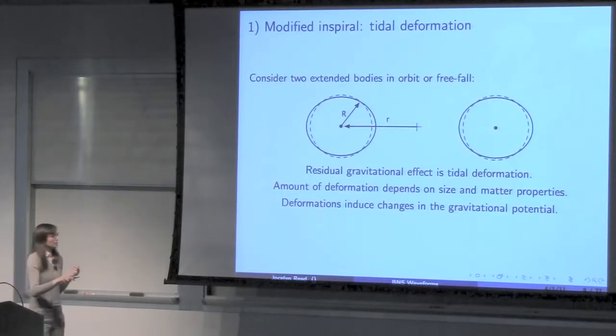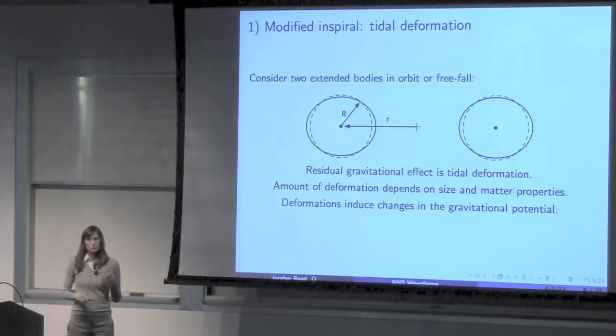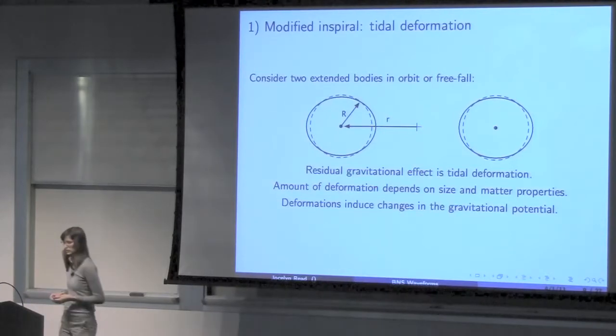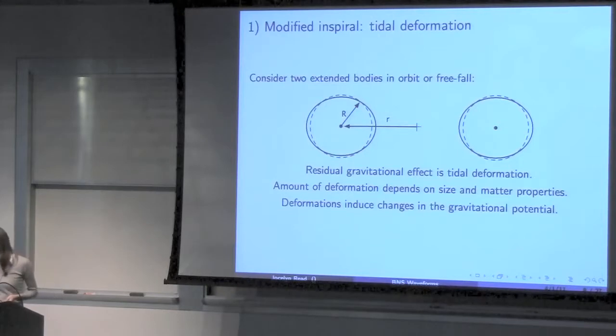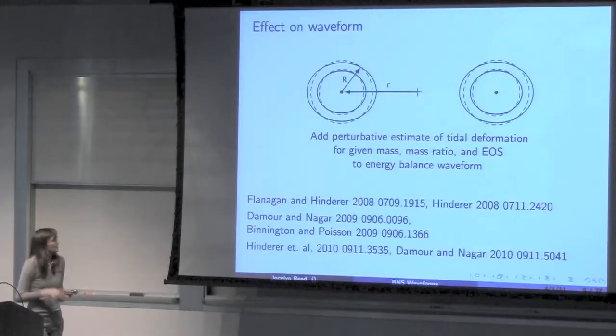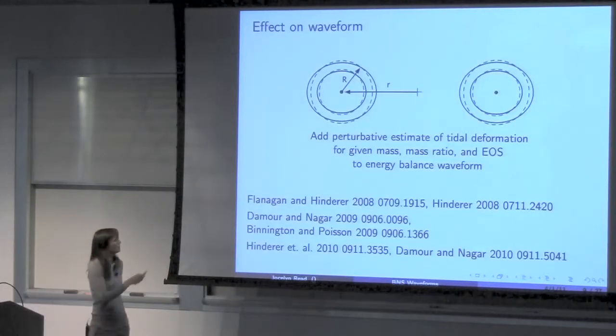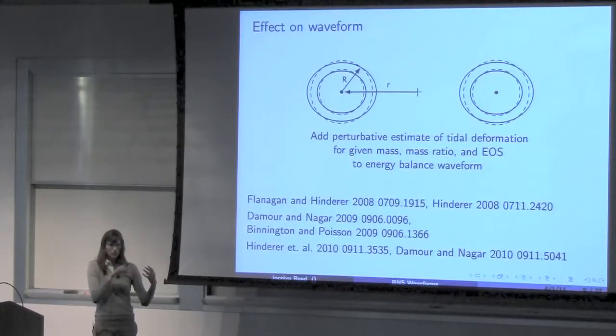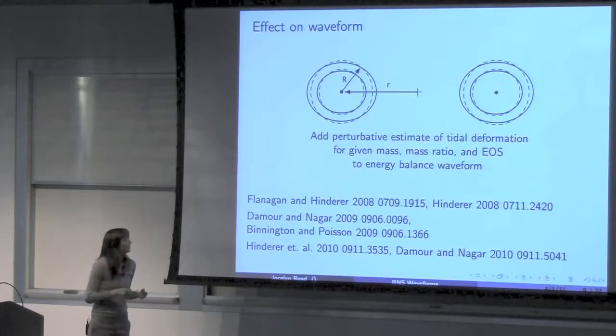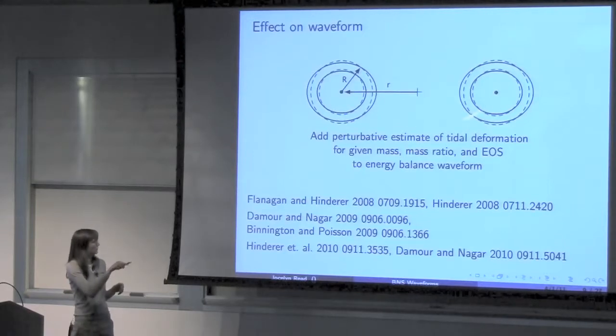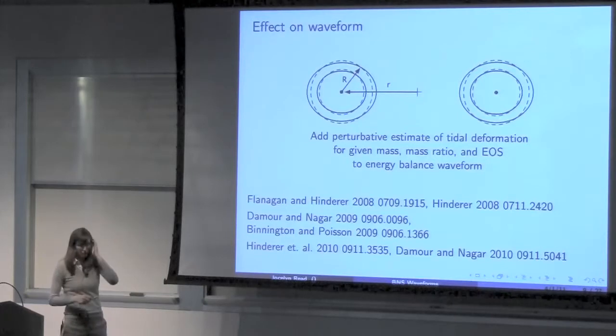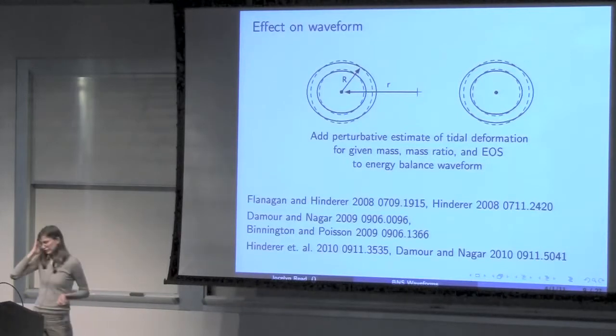And the deformations that we're going to be interested in are the ones that themselves are inducing changes in the gravitational potential. So we can add a perturbative estimate of how much the gravitational potential changes for a given mass ratio and equation of state to the energy balance waveform that you get from a post-Newtonian perspective.